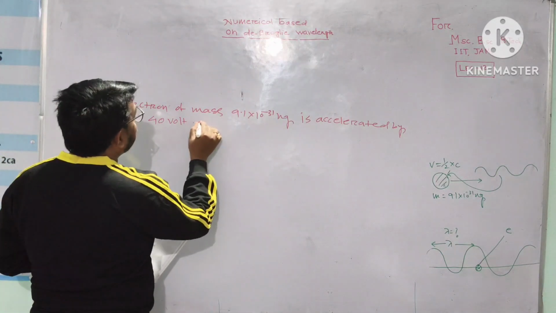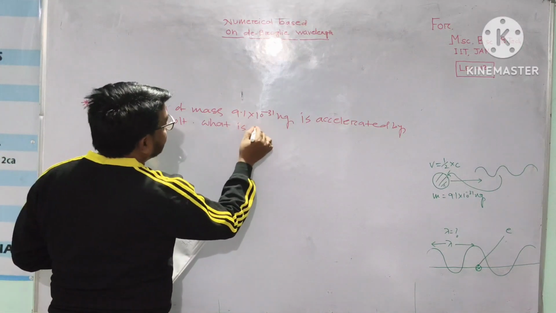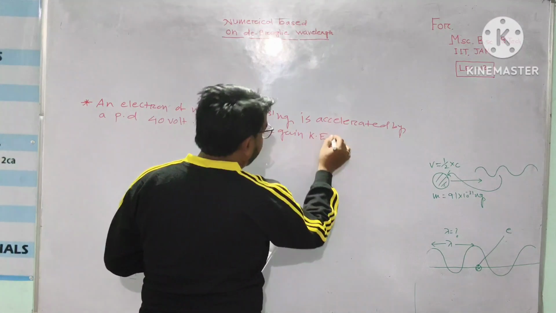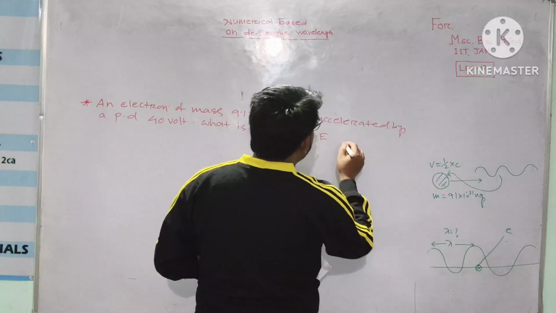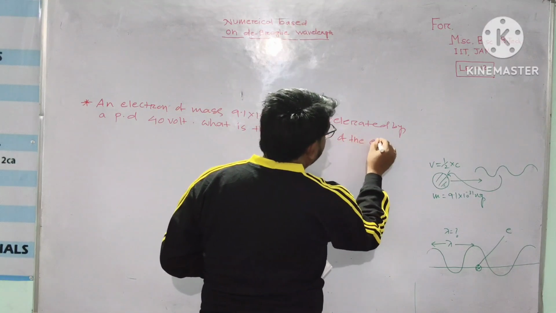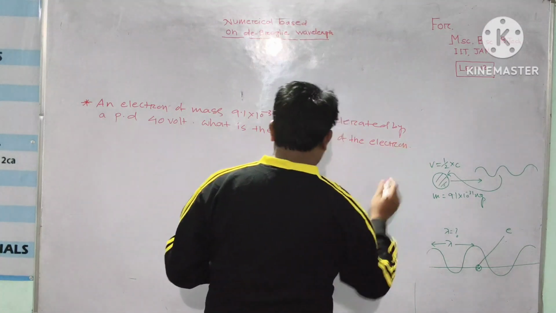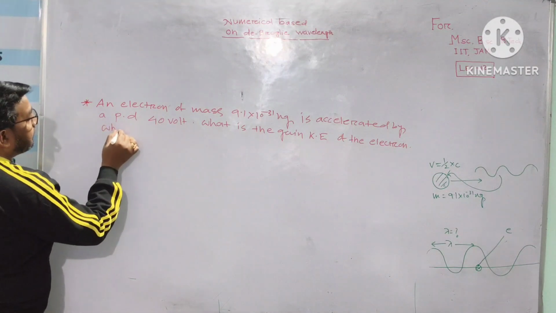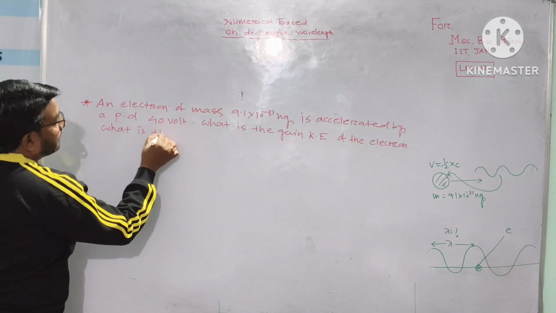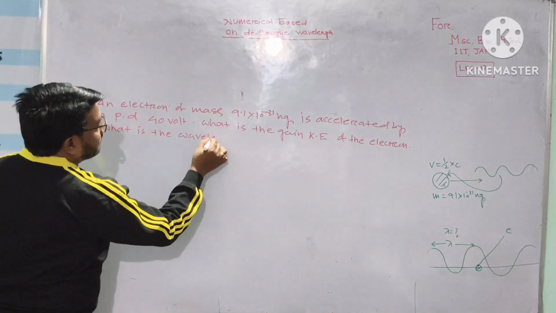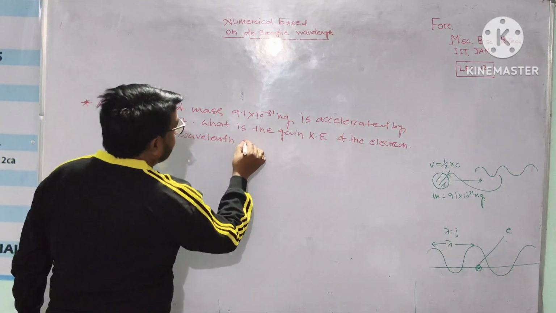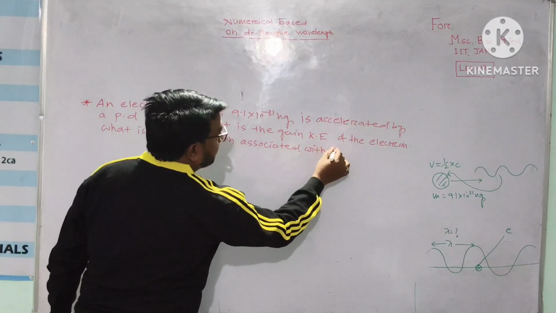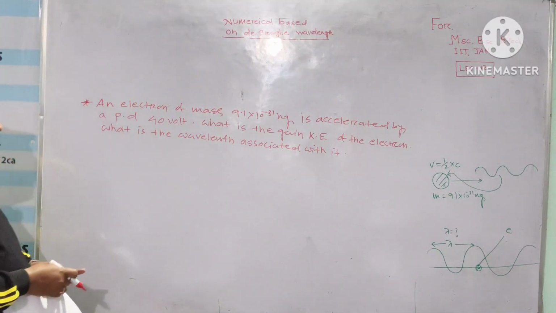What is the gain of kinetic energy of the electron? This is our first part, and second part, what is the wavelength associated with it? Okay. So this is our last numerical problem.